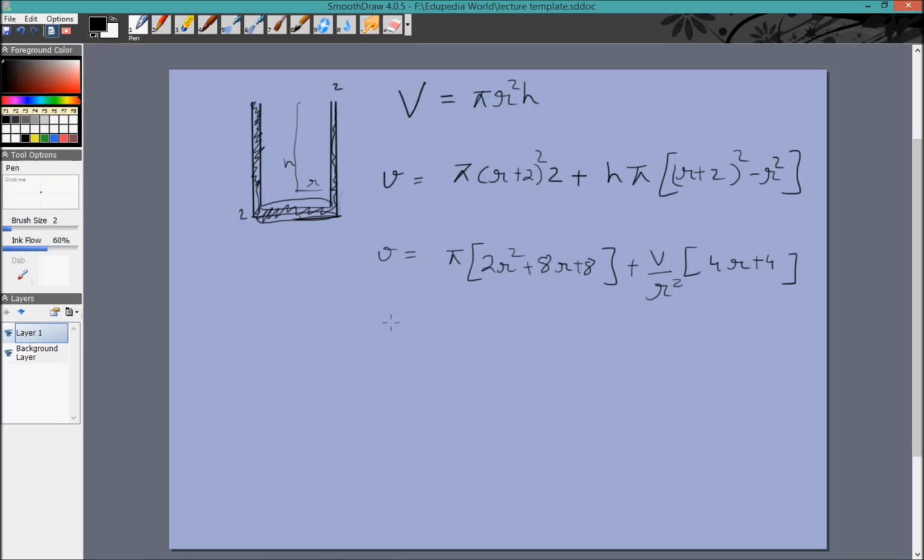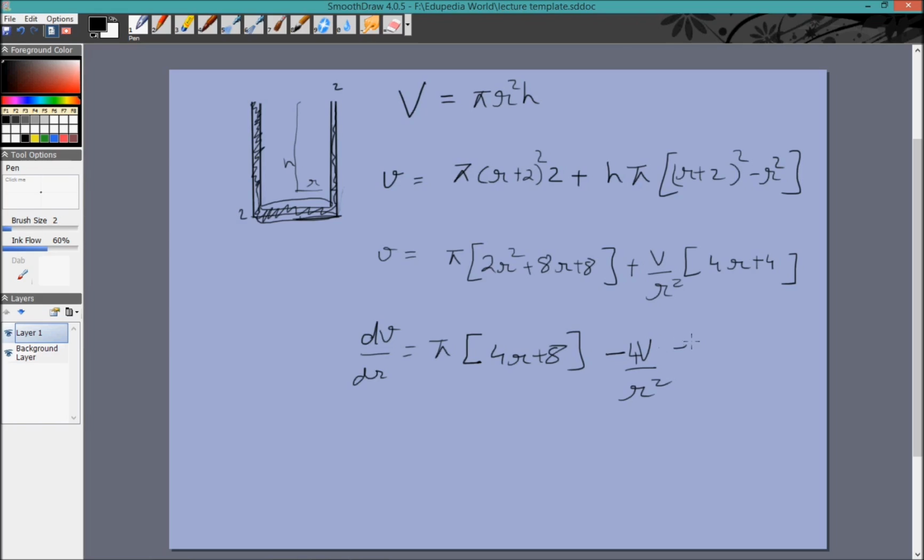Right? So we'll differentiate it and that will be equal to 0. It will be pi times 4R plus 8 minus, this is 4V by R. So the derivative will be 4V by R squared minus, this is 4V by R squared. So the derivative will be 8V by R cube. Right? And that is equal to 0 when R is equal to 10.